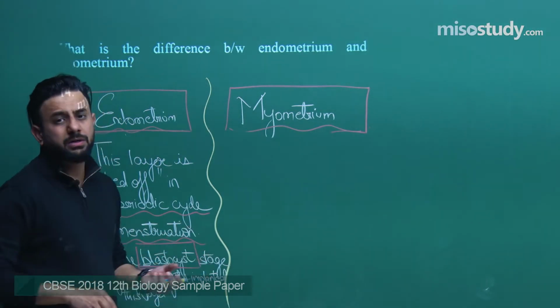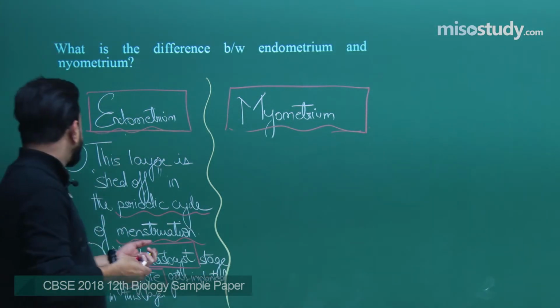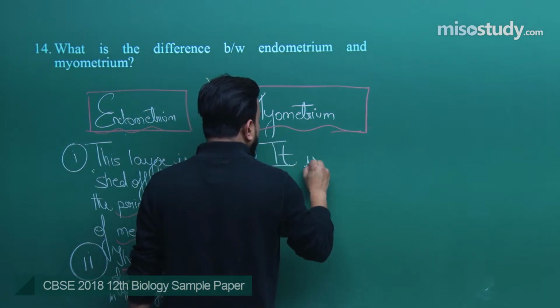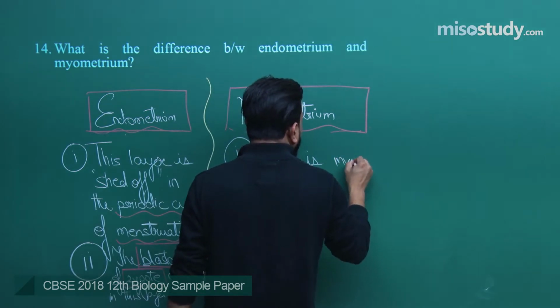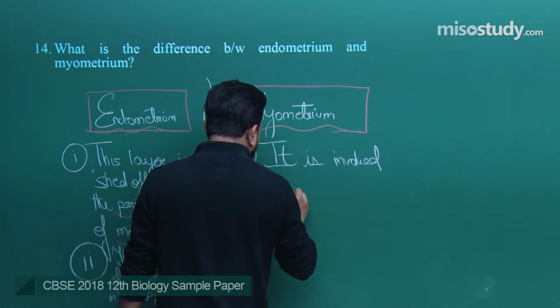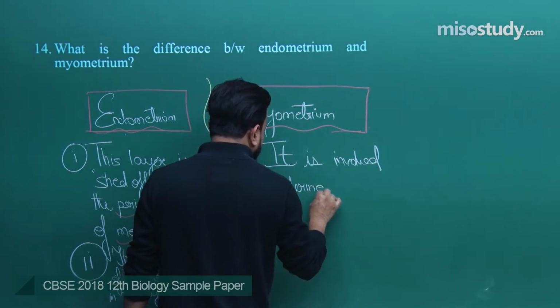And what do we see here? This layer, that is the myometrium, is basically involved in uterine movements.